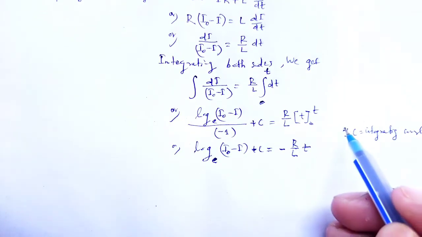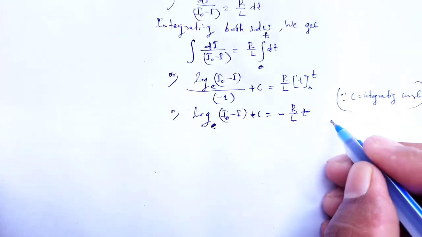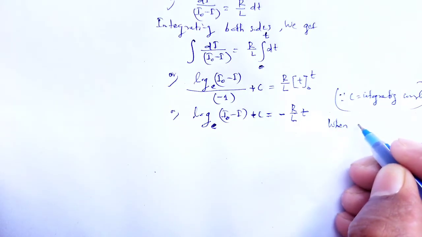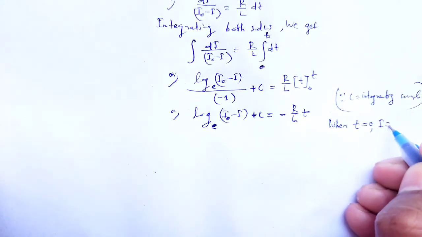Now, the constant of integration can be evaluated by taking the condition when t is equal to 0, I is equal to 0.